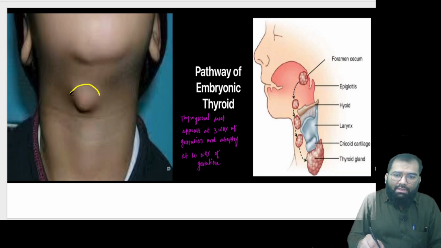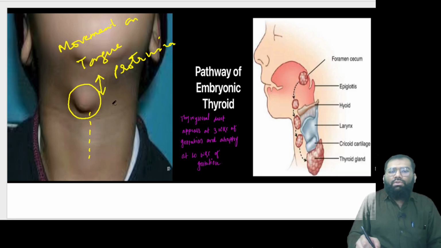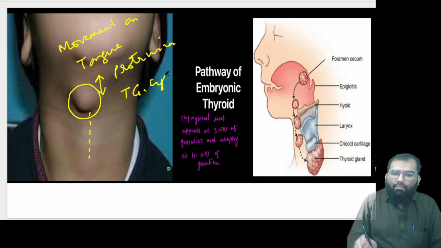You can clearly see this is the midline neck swelling, and this was showing movement on tongue protrusion. So if you move tongue, this was also moving up and down. Okay. So that means we diagnose this clinically as thyroglossal cyst. I'll be showing you the ultrasound image too.